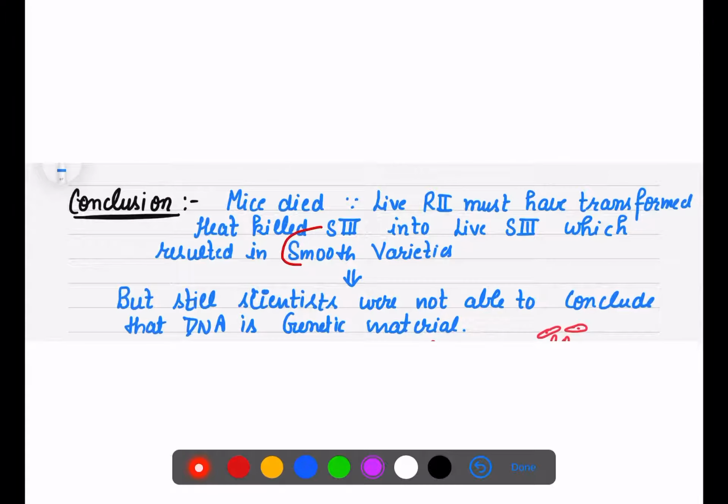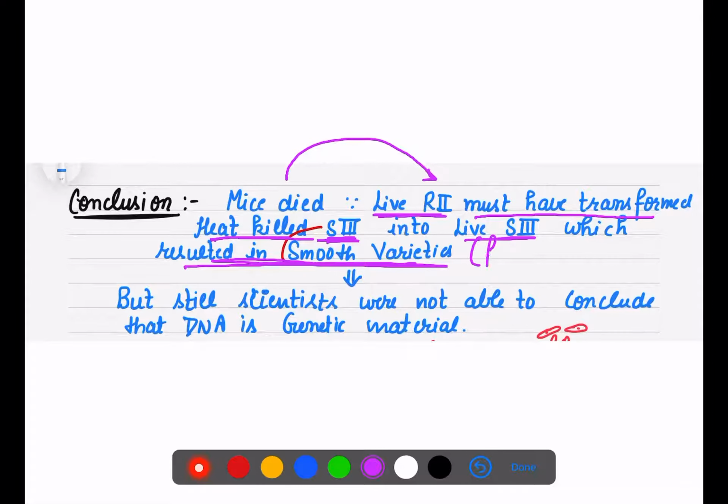So the conclusion was that mice died because live R2 must have transformed something from heat killed S3 and turned into live S3, which resulted in the formation of smooth varieties. Because until smooth varieties are formed, pneumonia will not happen.